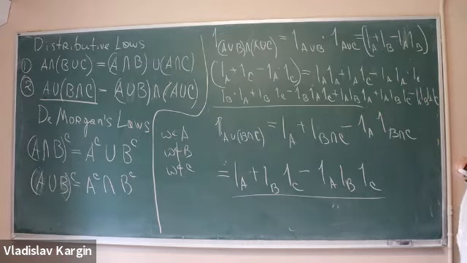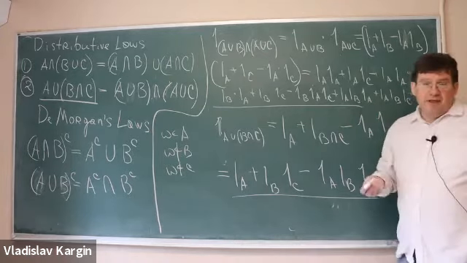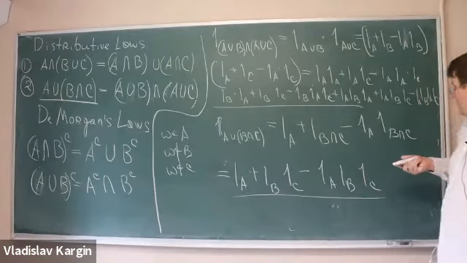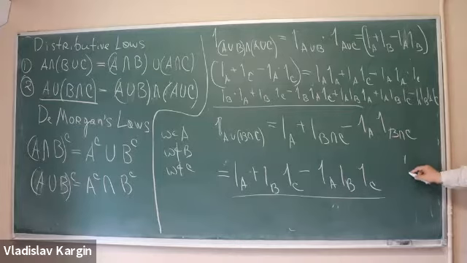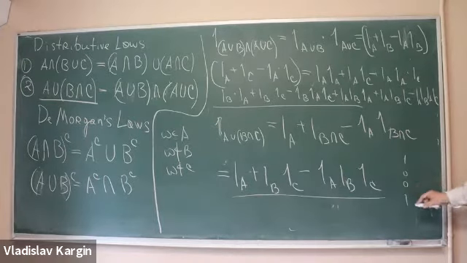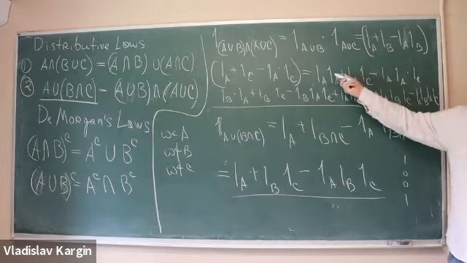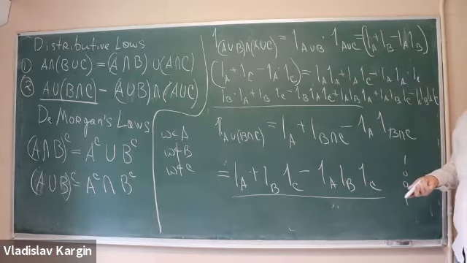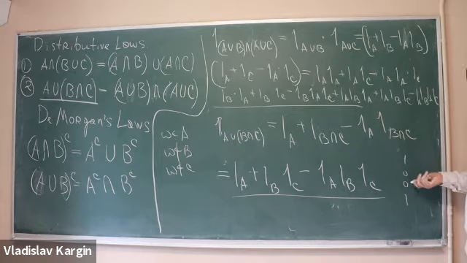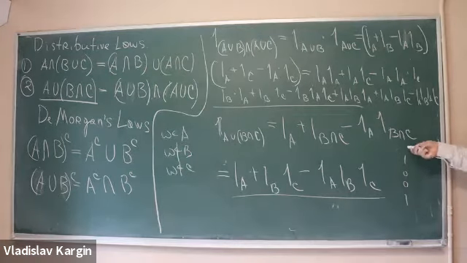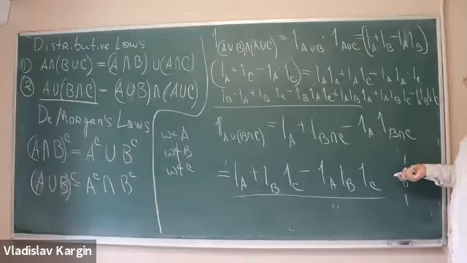And after that I say, well, okay, 1A times 1A. What is this? 1A is something like a vector 1, 0, 0, 1 or something like that. If you multiply it by itself, I take the square of it, so I'll get the same vector. If I multiply it by itself component-wise, 1 multiplied by 1 will be 1, 0 multiplied by 0 will be 0. So if you take the square of this vector, it will be the same vector.